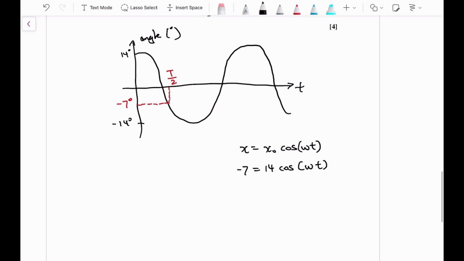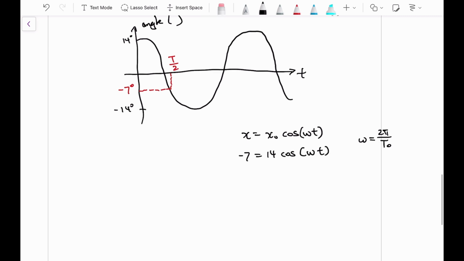Now we have to express omega. Omega in this case will be simply 2 pi over T0. Let's put this back into the equation. So cosine of 2 pi over T0 times t is equal to negative 1 over 2.